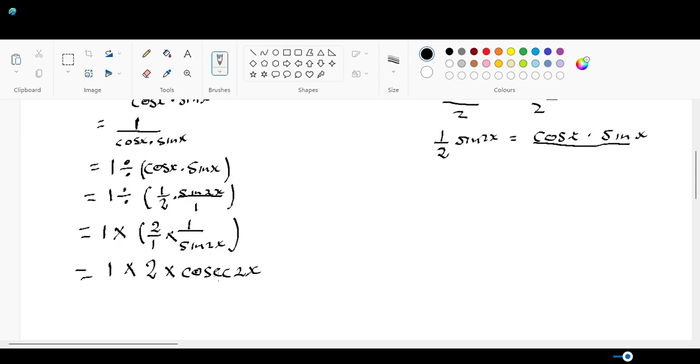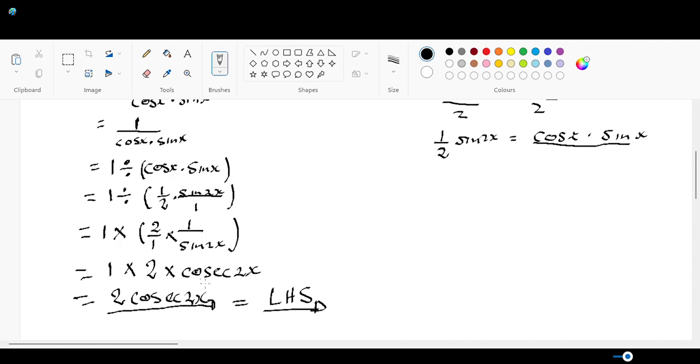Guys, if it so happens you don't understand where this reciprocal comes from, there is a video whereby I discuss these reciprocals. Then you multiply here, and then you have 2 cosec 2x. When you look at this side here, it is the same as the left hand side.